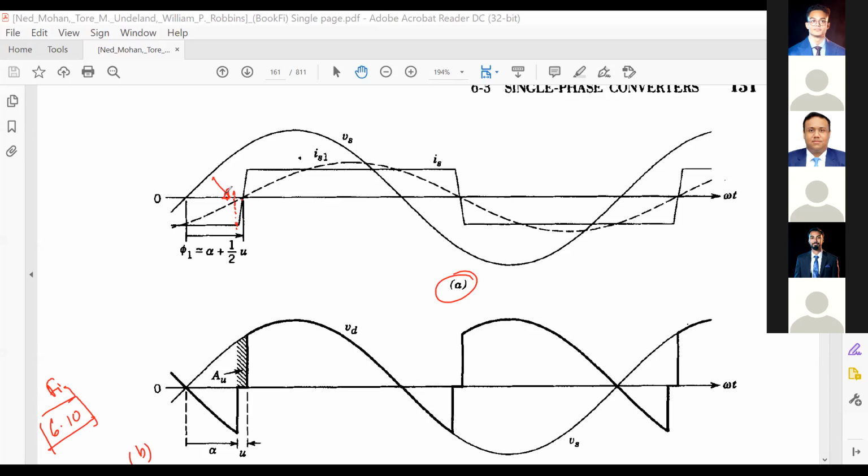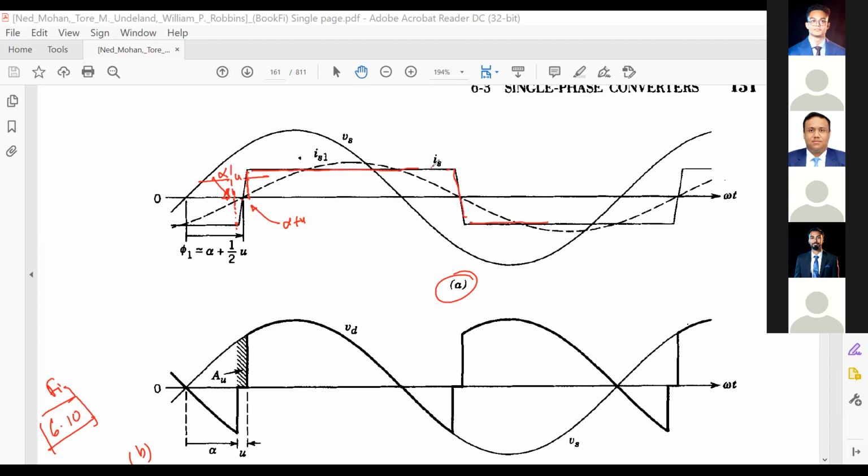The first angle is alpha. And this one, alpha plus U, and then between this one is the U, right? So look here, this is nothing but the IS. This one is the IS.